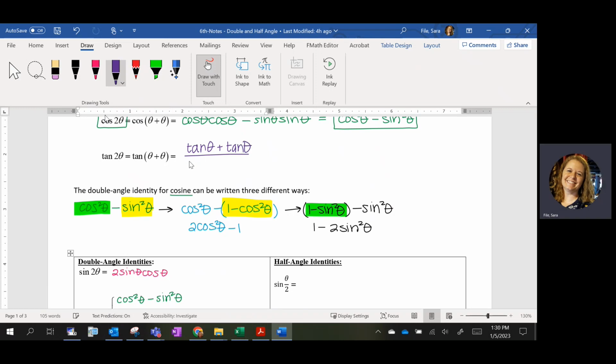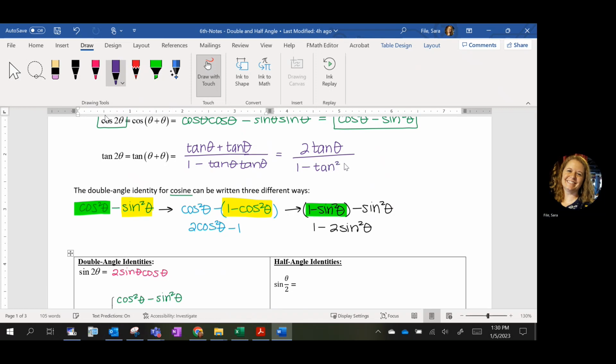And the denominator is 1 minus the product of tangent of the first angle and tangent of the second angle. That can be simplified. In the numerator, that's just 2 tangent theta. And in the denominator, that would be 1 minus tangent squared theta.